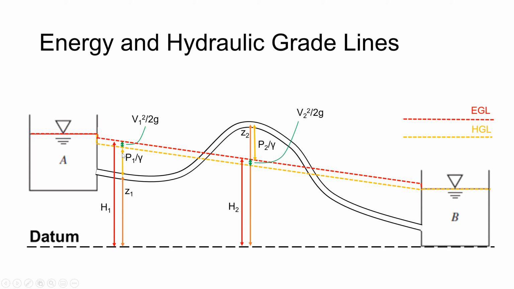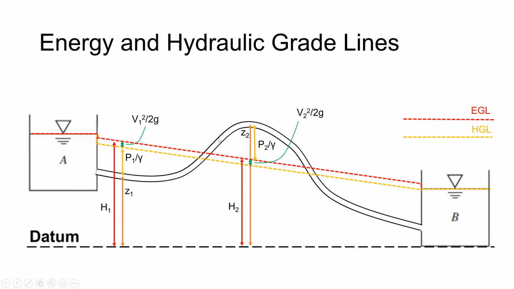And then if we add the velocity head, we get the total energy grade line elevation. So you can see as we travel over to this point, point 2, Z is actually greater than H, right? So the potential energy or the elevation head is greater than the total head.